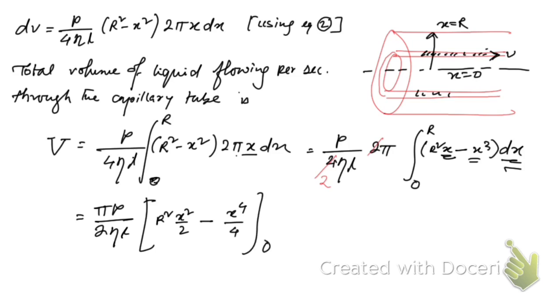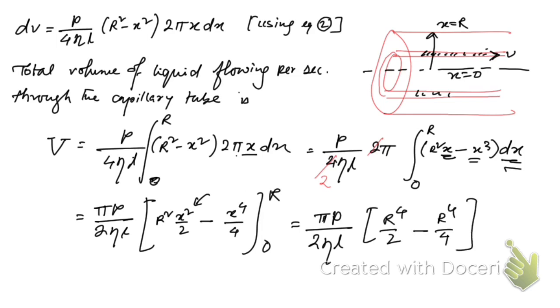Integrating from 0 to R, we get pi P by 2 eta L. If you put R here, it's R square times R square by 2, minus 0, since putting 0 gives 0. Then putting R again, that's R to the power 4 by 4.